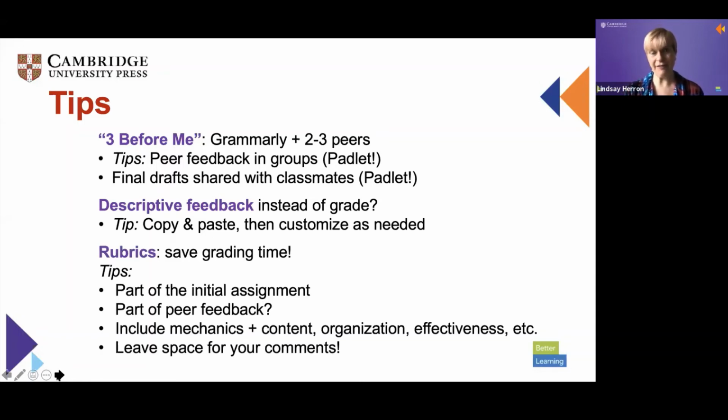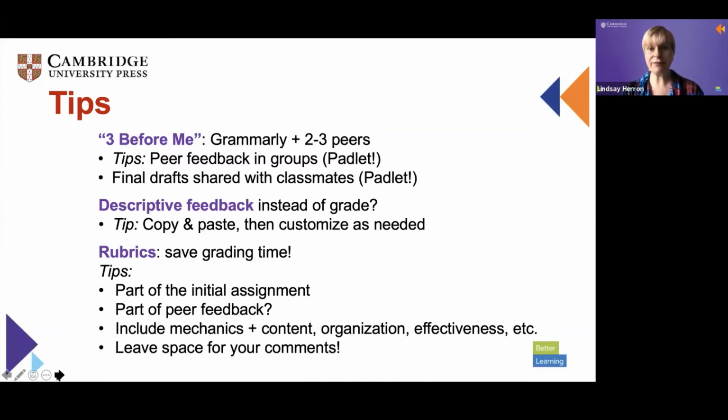Another way you can save grading time with your hundreds of students is create a rubric. Make your rubric very carefully. Make it part of the initial assignment so that students know what they're working toward, what is a good grade, what will constitute a good project. And then you can also add this as part of the peer feedback process if you wish, so that the peers actually complete the rubrics for each other.